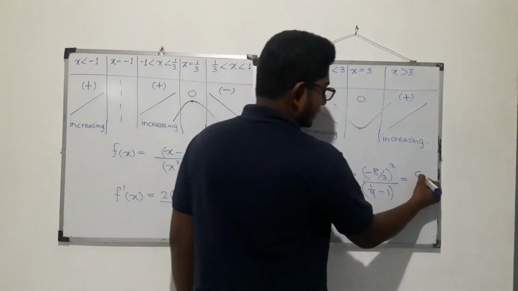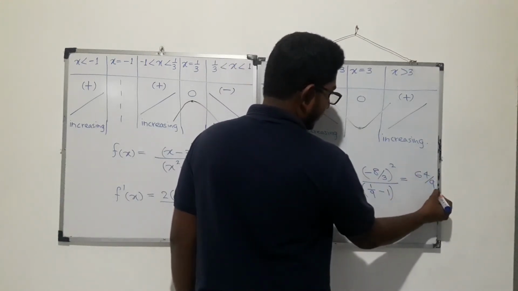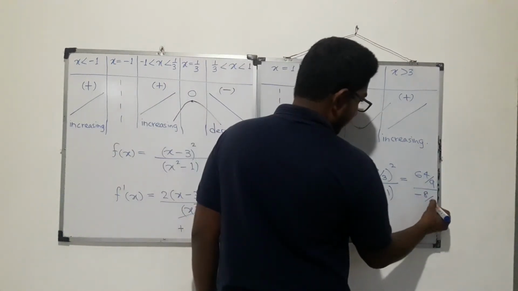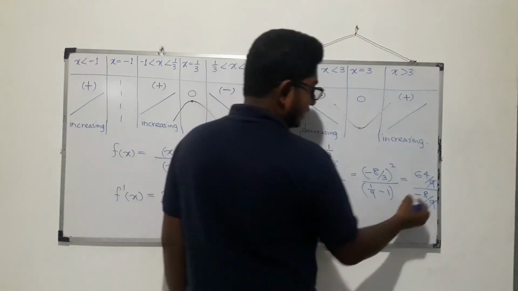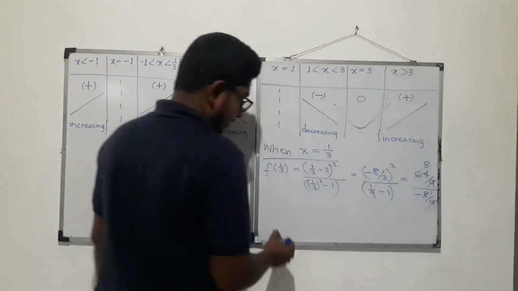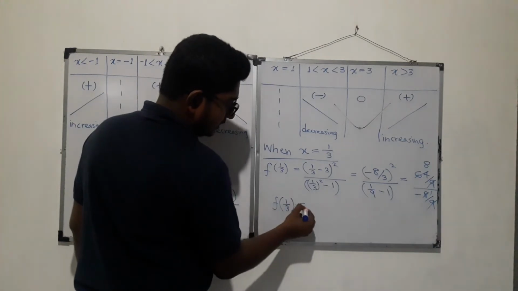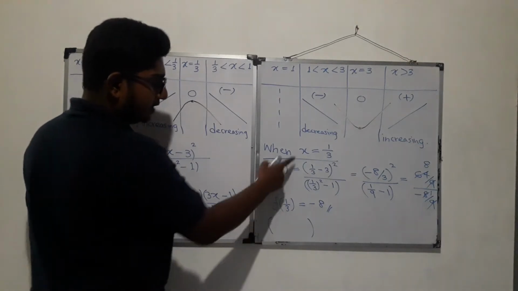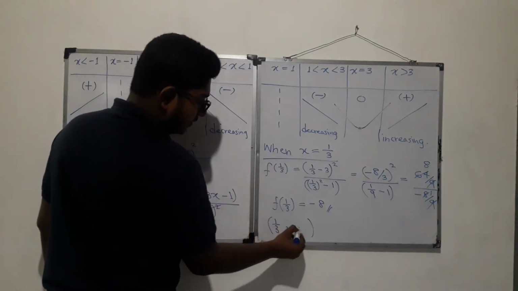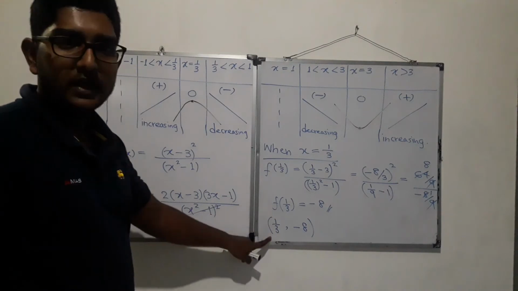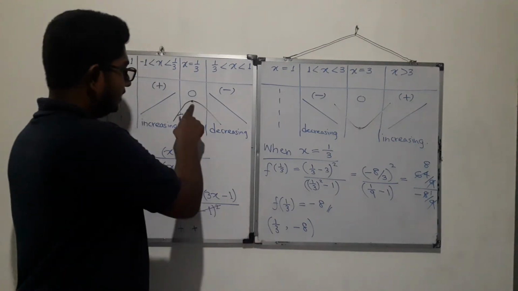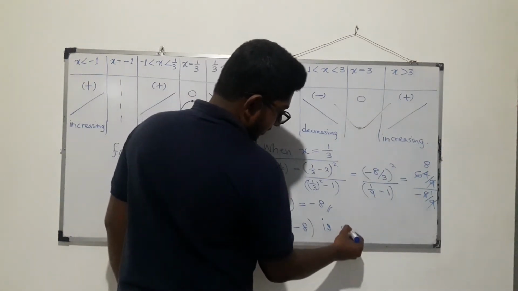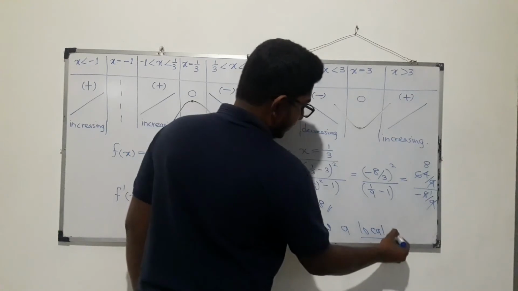Minus 8 squared is 64, over 3 squared is 9. Here we have minus 8 over 9. 9 cancel. 8 times 1, 8 times 8. So f of 1/3 is minus 8. So I have the coordinate. When x equals 1/3, y becomes minus 8. Therefore, (1/3, minus 8) is the maximum point. So this is a local maximum.